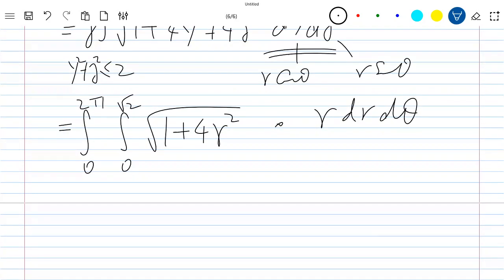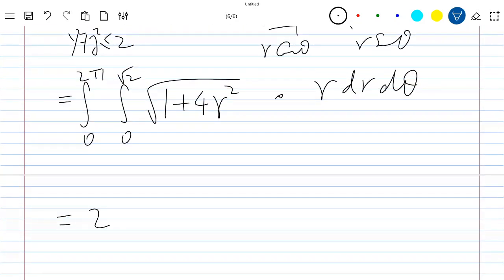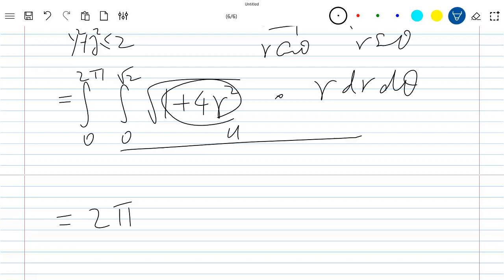Okay, can we do that? Well, it's kind of easy. For the theta part, it's just 2 pi, right? And for r, you can call this u, right? Then this is du over 8. And u goes from 1, plugging in 0, to plugging in root 2, you get 2 times 4, 8 plus 1, which is 9.